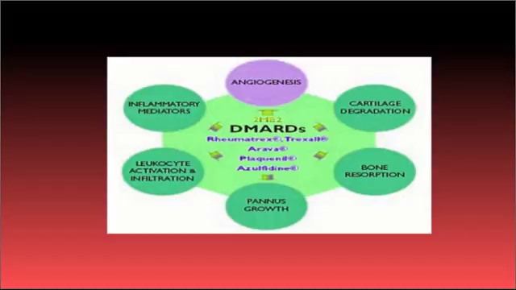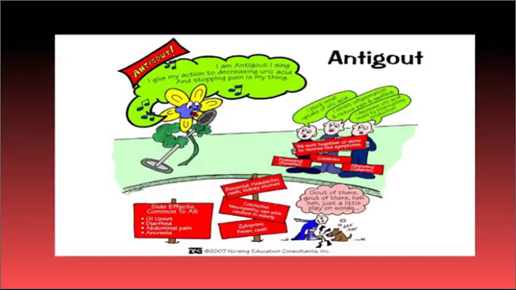Hydroxychloroquine or Plaquenil, which is listed here, is actually an antimalarial drug that can be used but takes quite a while to work and is often used in combination with others for unresponsive inflammatory disorders.